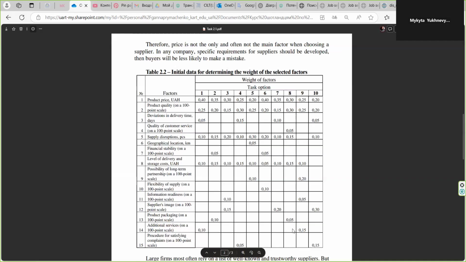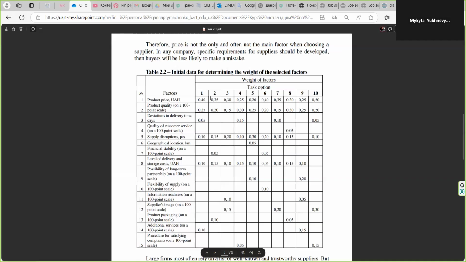So this information is about what is the main thing for our company. For some companies, for example for first variants, product price is more important at 30%. Sometimes it is more important, for example, 70%. So the main is product price.